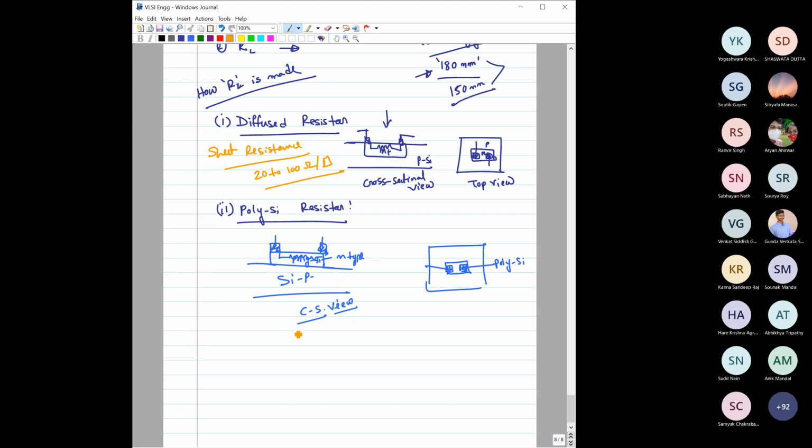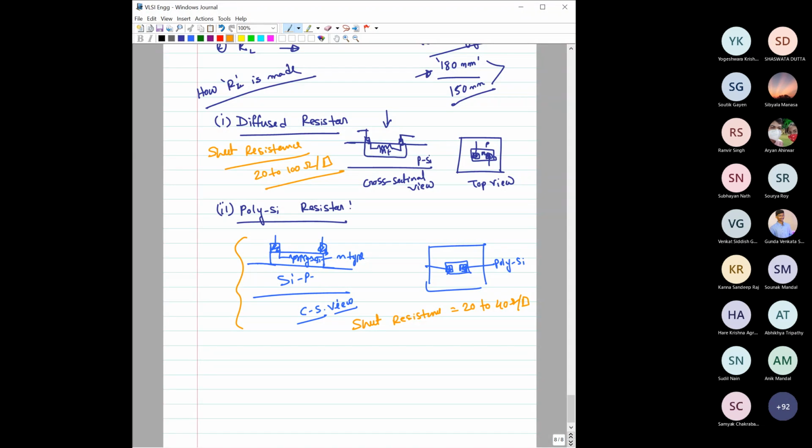For this, the sheet resistance is in the range of 20 to 40 ohm per square. This is the typical value you are going to see for a polysilicon-based resistor.